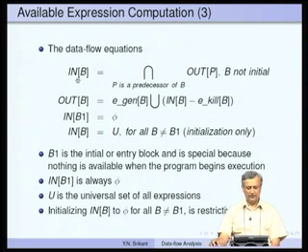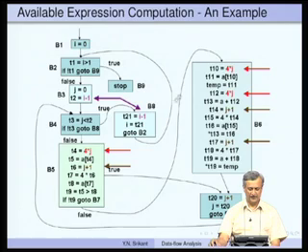If you are looking at in B, it is an intersection of all the out P sets, P is a predecessor. Let us look at an example here. When we look at a particular basic block, let us take this basic block. Here there is one incoming edge here and another incoming edge here.